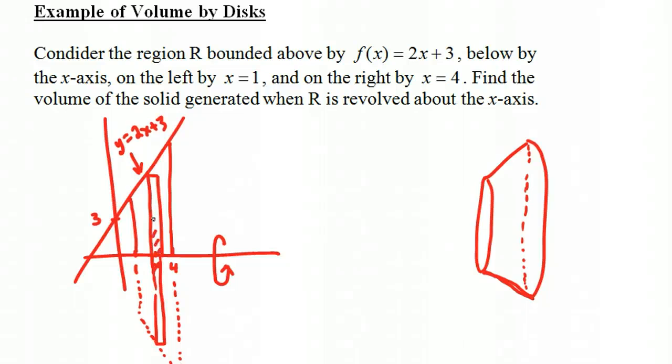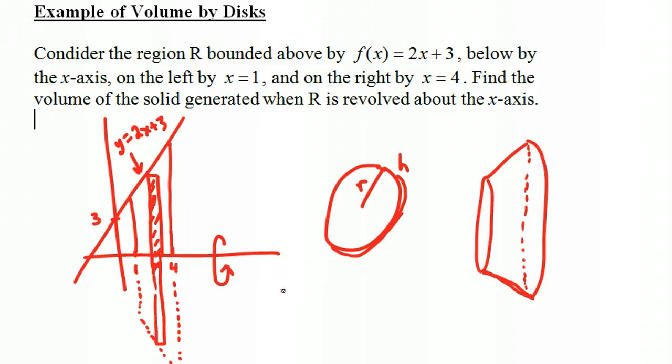This rectangular region, reflected across the x-axis, becomes a really thin disk. A disk is really just a cylinder that doesn't have very much height to it. Every disk has a radius and a little height. For this problem, this rectangle, when it sweeps around the x-axis, becomes a disk.